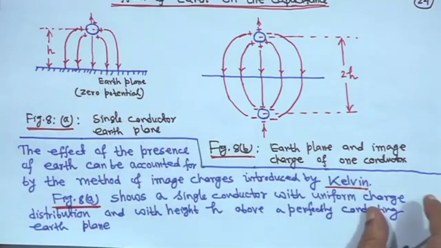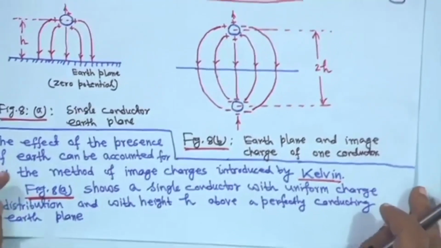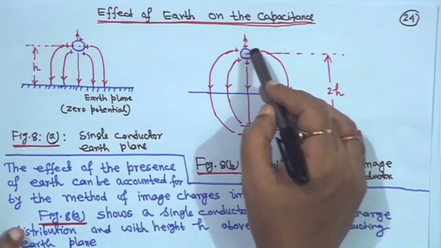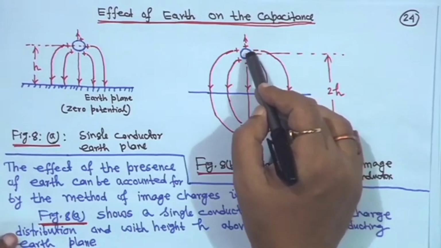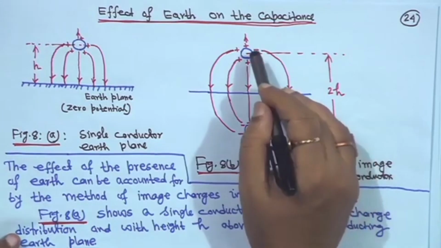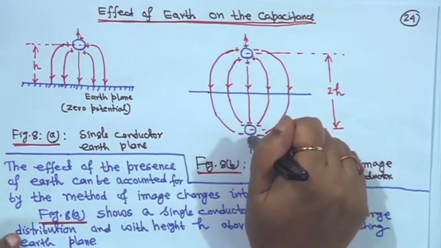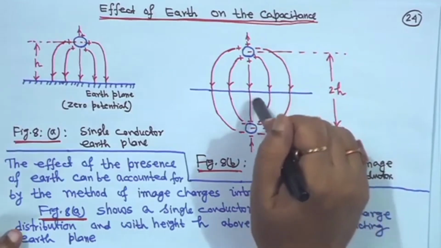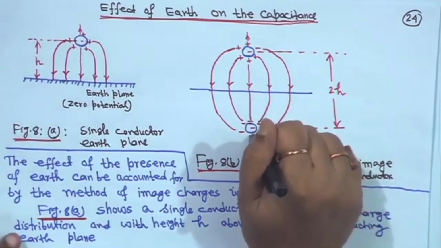Now, what one can do is make an image conductor. Just suppose this is a charge plus q, we will take another image conductor with charge minus q, and if from here to here it is h, we will imagine that it is also below the ground, at depth h.